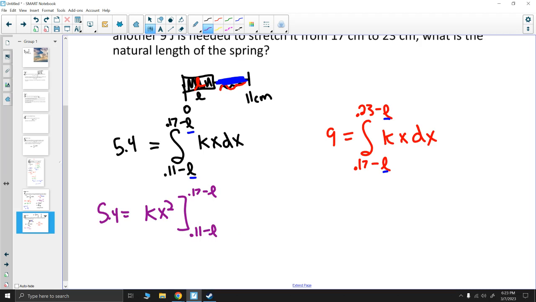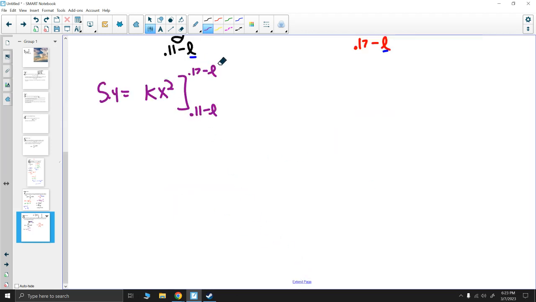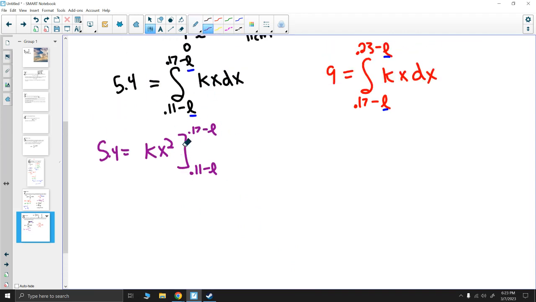Now, we're going to need a calculator to do some of this stuff, and it's kind of a pain to do it on Desmos for some of this, so I'm just going to have my calculator handy. Oh, I did my kx squared, I got caught up over 2. Okay, so that's our integral. We have 5.4. Now, one of the things that we can do with constants is pull them out or put them into this thing.